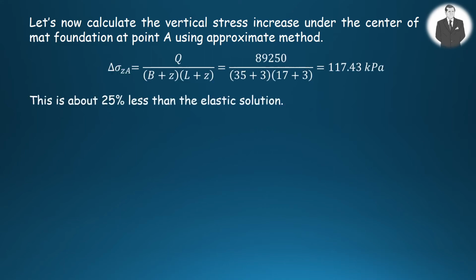In the equation here, Q is the foundation load acting on the ground surface, and (B + Z) times (L + Z) is the area at depth Z. This gives us 117.43 kilonewton per square meter stress increase, which is about 25% less than the elastic solution.